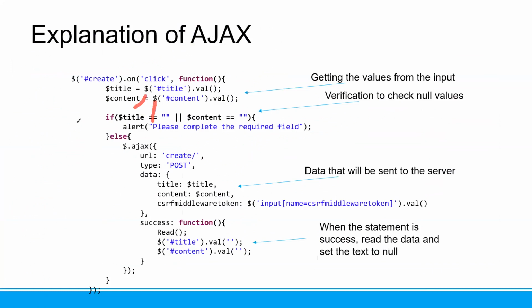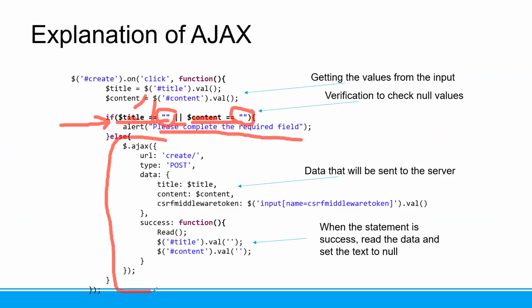Then I need to check if the title is empty or if the content is empty, then please complete the required fields. If the title and contents both have something in them, then let's do this one. First, for the Ajax, we need to declare the URL, and then the type, which is post.